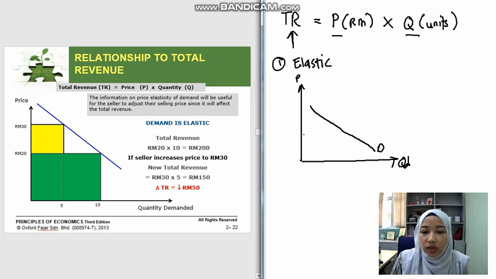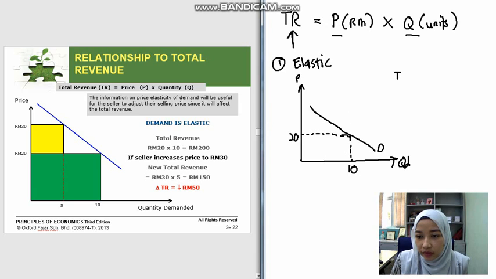So if there is a change in the price, let's say the price initially was 20 ringgit. When the price is 20 ringgit, people will buy 10 units of your product. Now you can find the total revenue by multiplying 20 with 10.